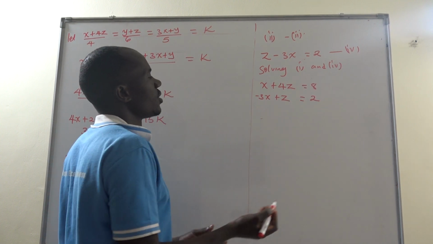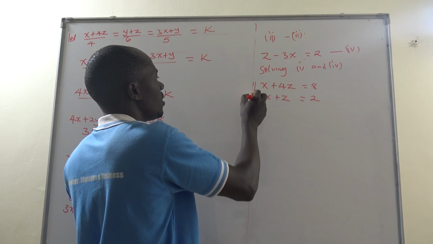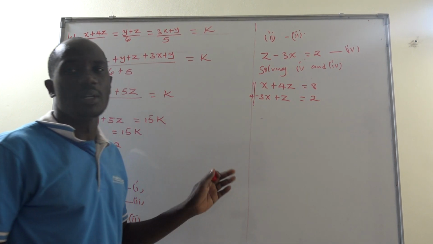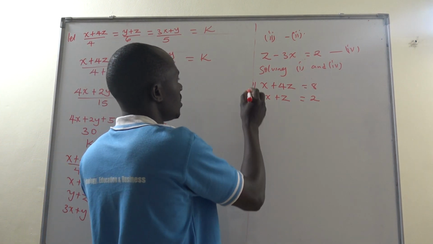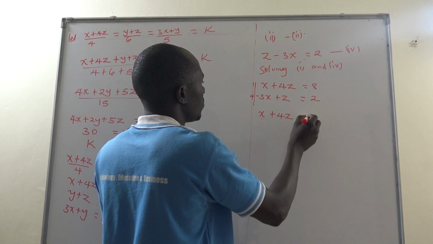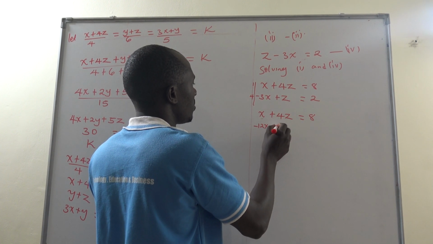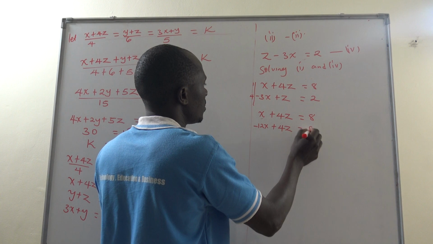So we can use the elimination method. I can eliminate z. I put up 1, then down I put a 4. Then we multiply throughout. This 1 times x, we are getting x plus 4z equals 8. Then this is negative 12x plus 4z equals 8.